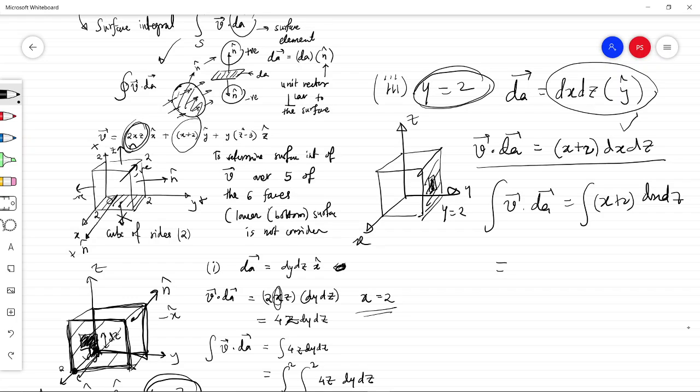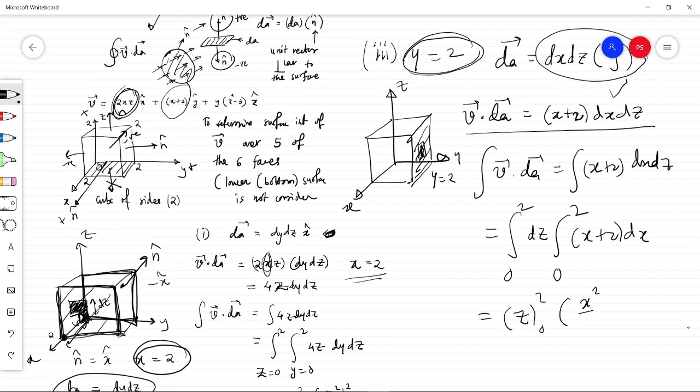Of course, there are two integrations, one over z and one over x, both of them running from 0 to 2. Now this can be solved. x squared by 2 plus 2x from 0 to 2, and this comes out to be equal to 12.